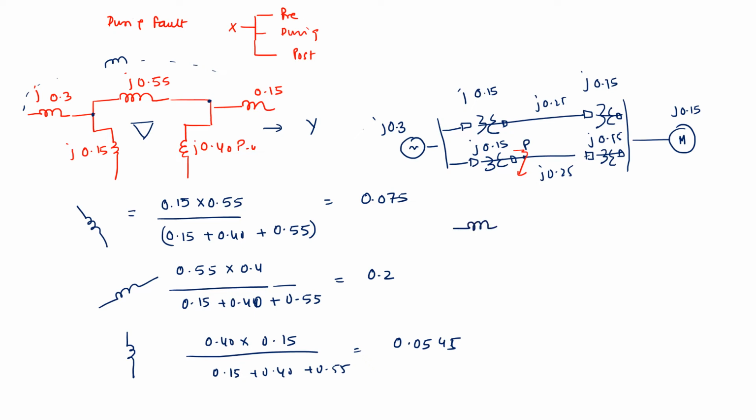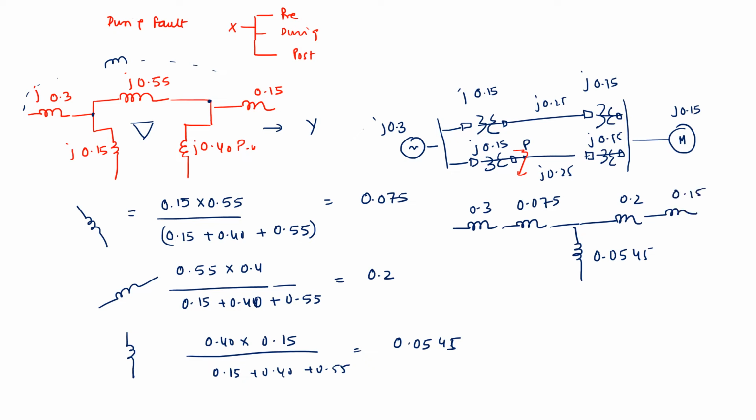Now, further we can simplify this network. This is delta 0.3. Then we connected 0.075, 0.075 and there will be a reactance which is equal to 0.0545 and then here it is 0.2 and 0.15.